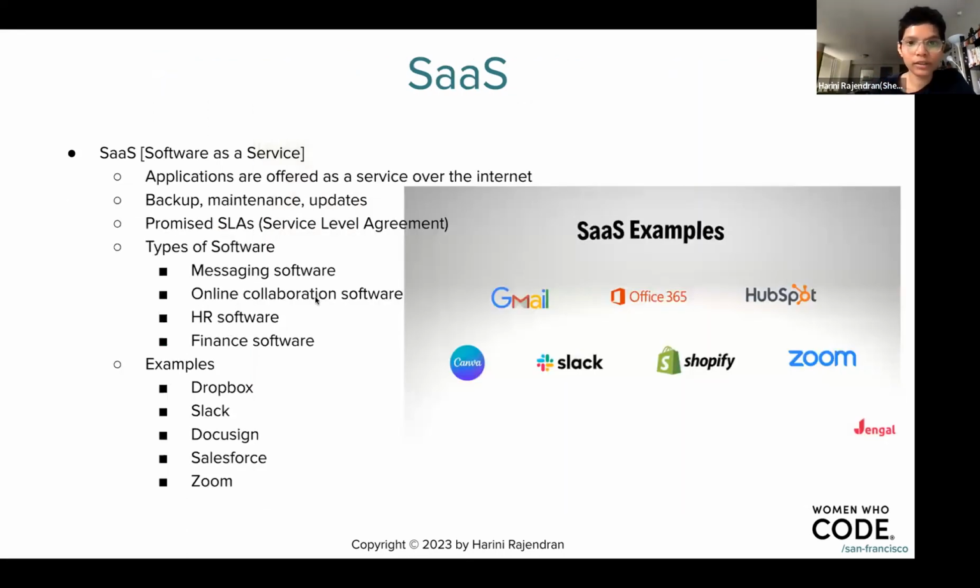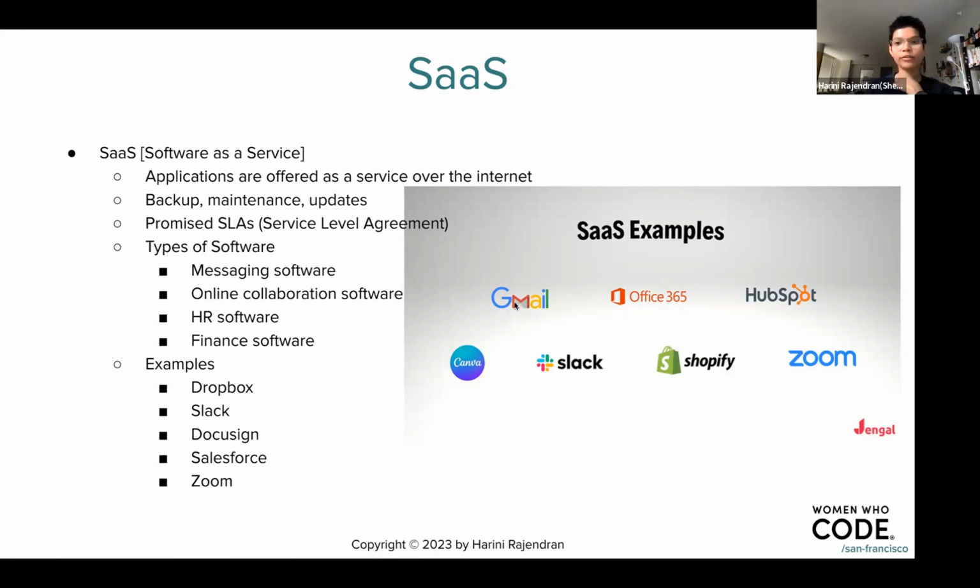So the first one is software as a service, right? As the name defines, when you say software as a service, you just access an application or a software that's running somewhere in the internet, and you just use them. That's it. For example, let's say you use Gmail or Slack or Zoom, Microsoft Office 365.